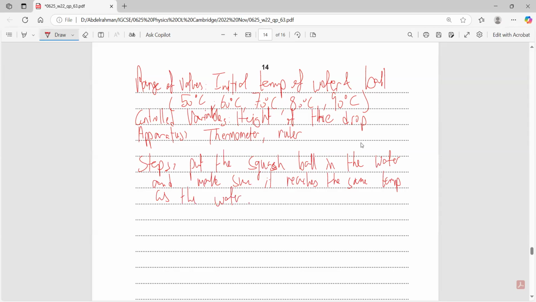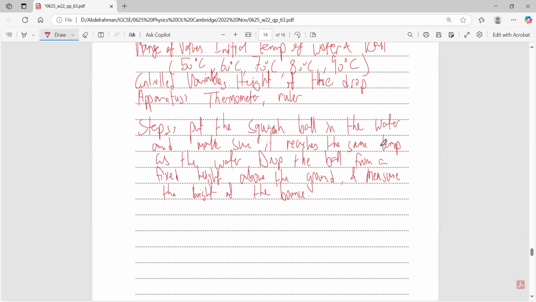And then drop the ball from a fixed height above the ground, and measure the height of the bounce, right? Height of the bounce. That's it for the steps.